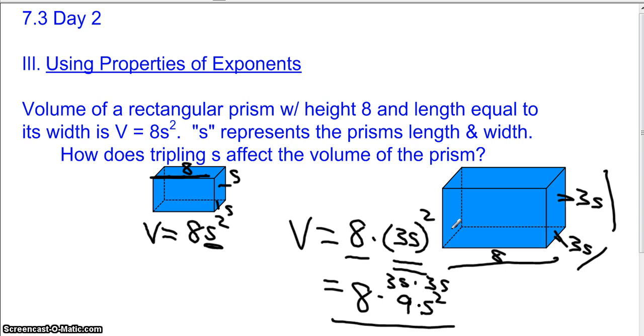Good. So here's what we have now. We have volume that is not just 8S squared. It's 8 times what? 8 times, what's that number? 9S squared. So if I triple the S, what have I done to the volume?